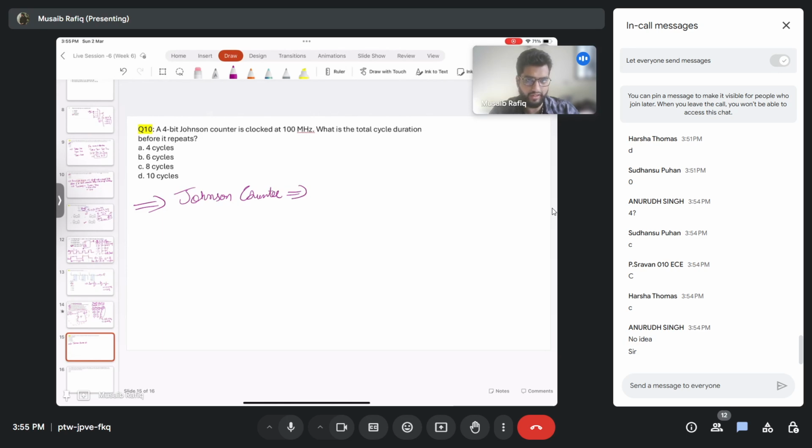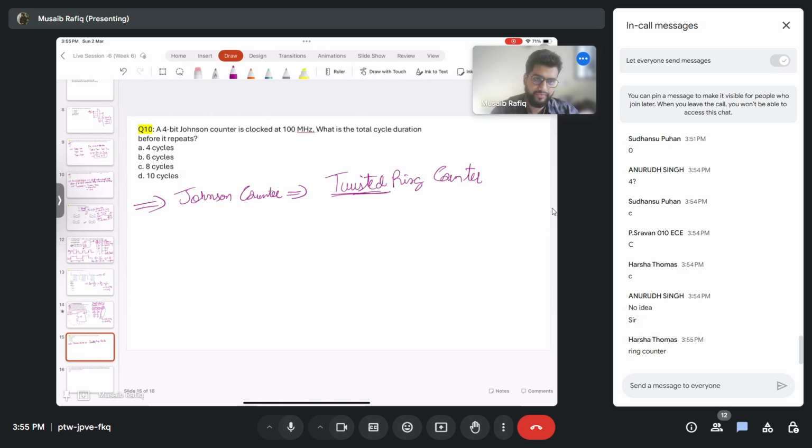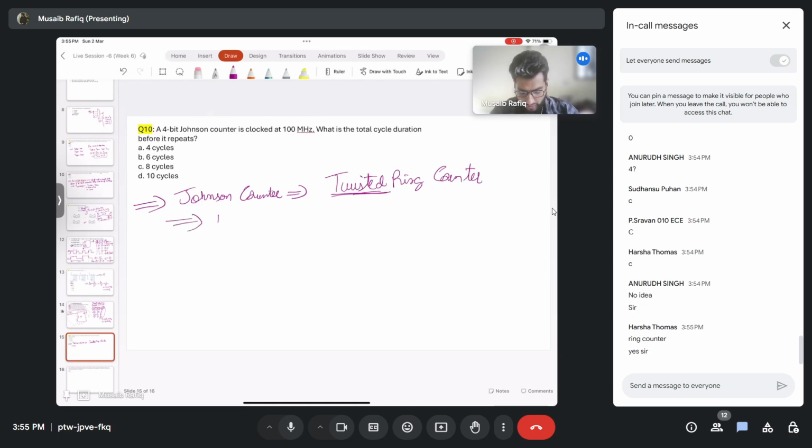There is another name for this Johnson counter. No, not ring counter, twisted ring counter. And for this twisted ring counter or Johnson counter, how many states are there? How many states does it count?